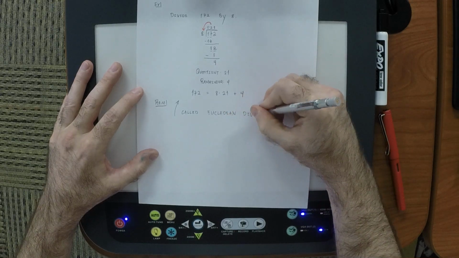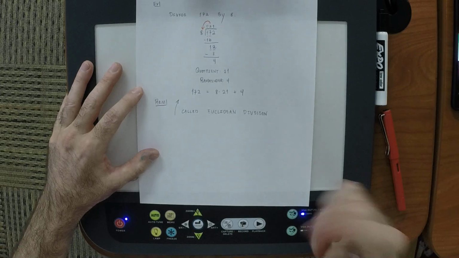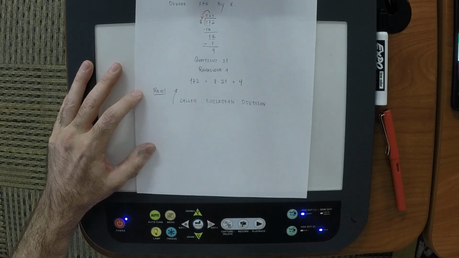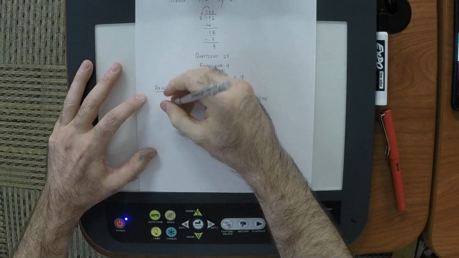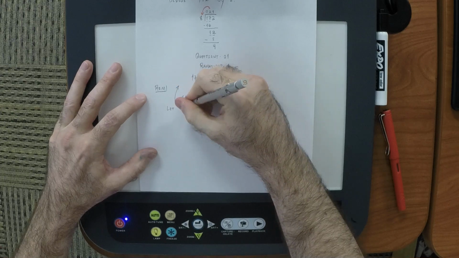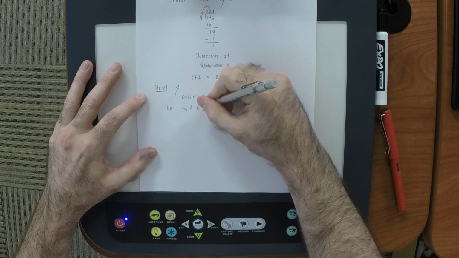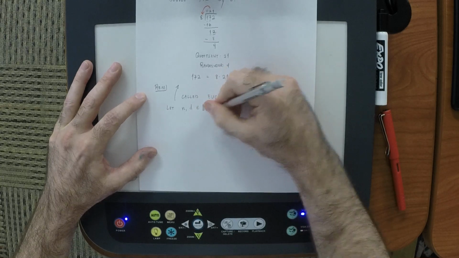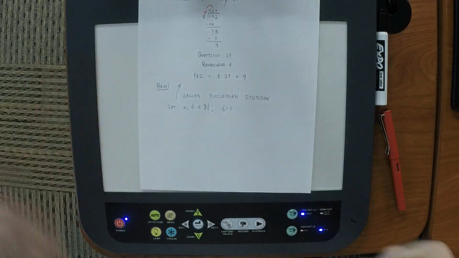Okay, so we're just going to write down the definition of it, since I think that's probably all the time we have. And it is the following: let n and d be in the naturals, and I want d to be greater than 0, meaning anything that's not 0.